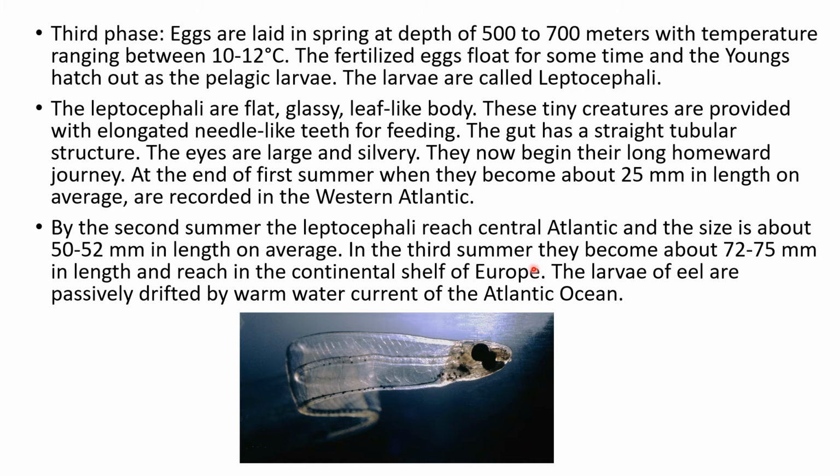The size is about 50 to 52 millimeters in length on an average. The third summer, that means of 3 years, they have almost become 72 to 75 millimeters. That means around 7 to 7.5 centimeters in length and reach the continental shelf of Europe. The larvae of eel are passively drifted by warm water current of the Atlantic Ocean.